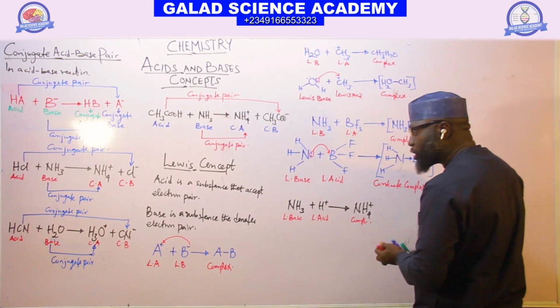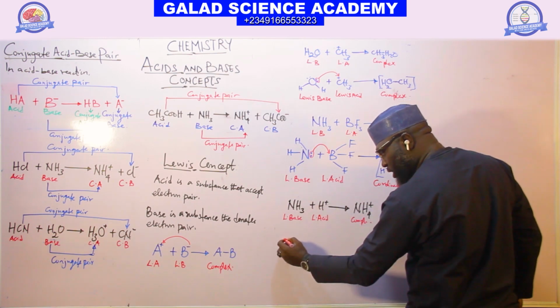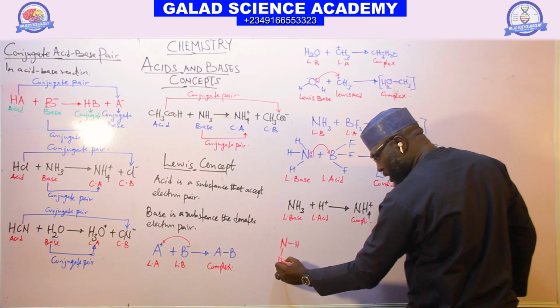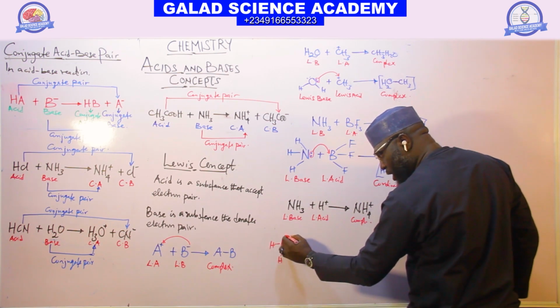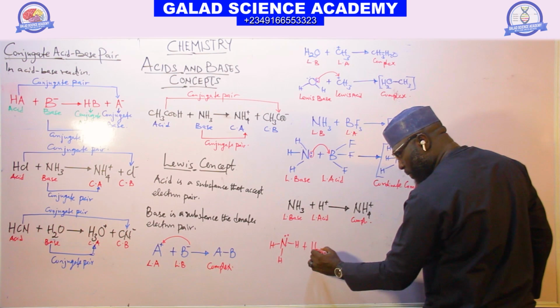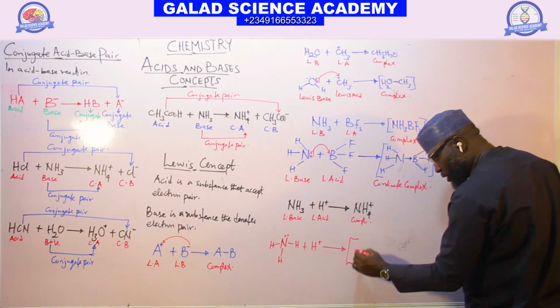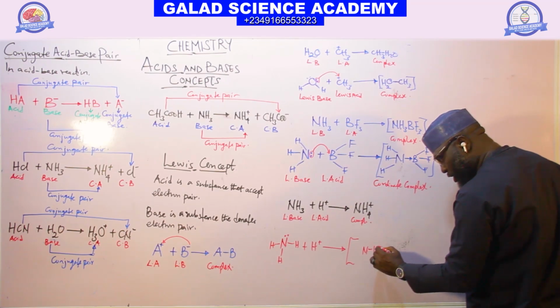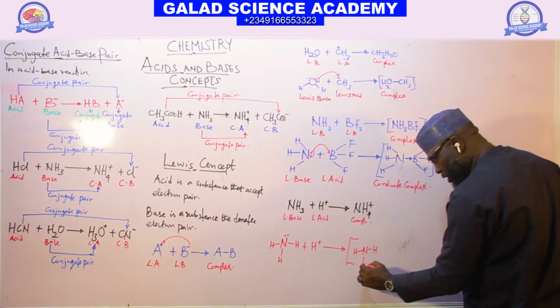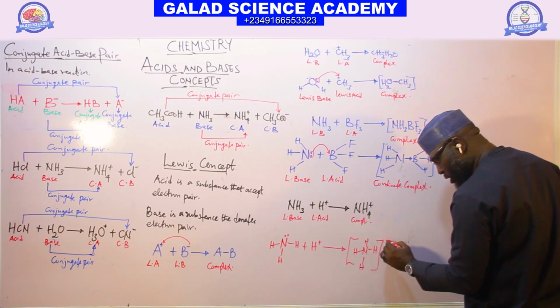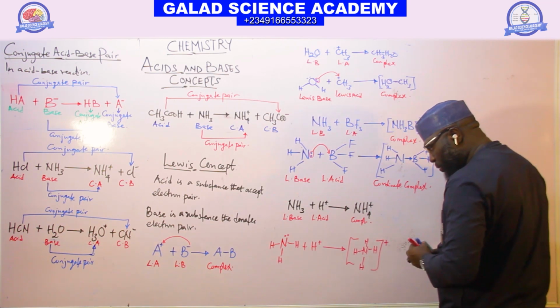So you can draw the reaction in this form too. NH3, ammonia with its lone pair, plus hydrogen ion, to give us NH4 plus.